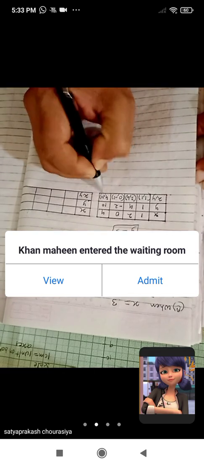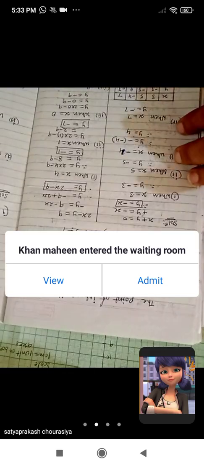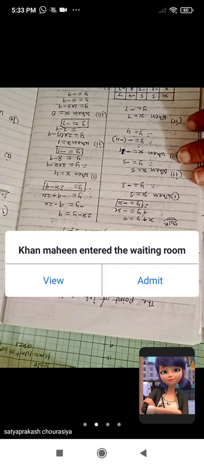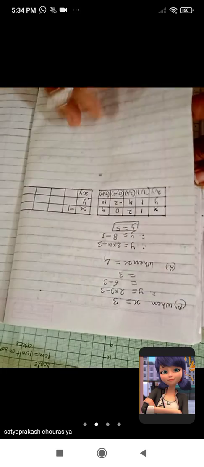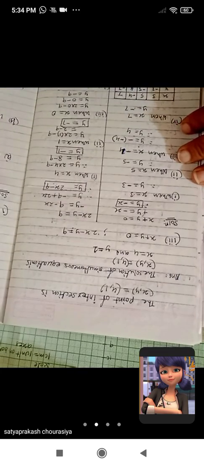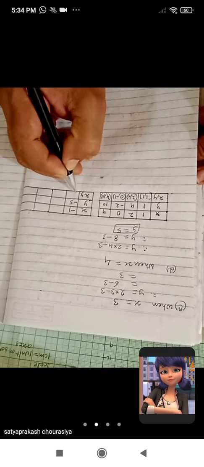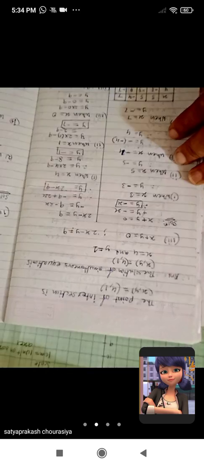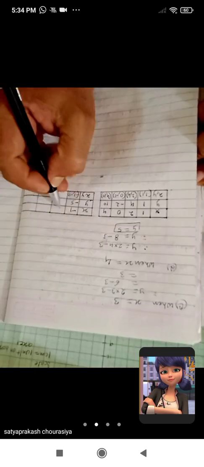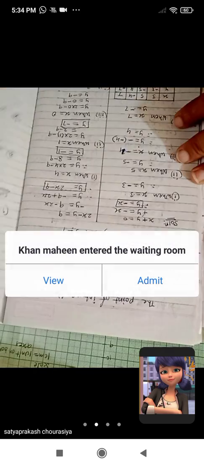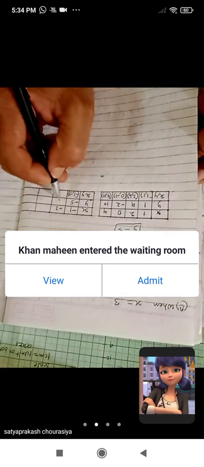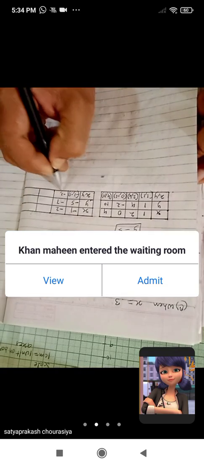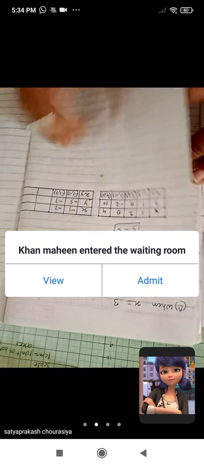Now for the second equation, when the value of x is taken as minus 1, we got the value of y as minus 5, so minus 1 comma minus 5. Next point, x taken as minus 2, then we got y value is minus 7, so minus 2 comma minus 7.